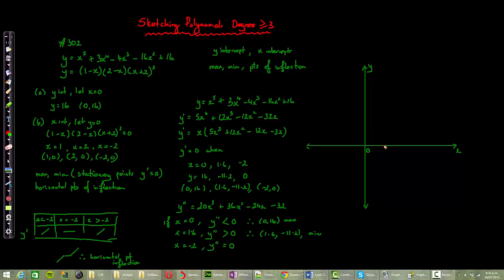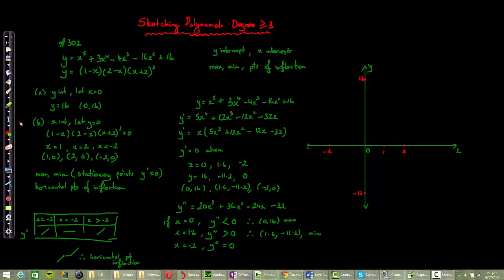So just to spread this out a bit, I'm going to make that x equal 1 there and 2 there. Could possibly have spread that out even a little bit more. So negative 2 there, and I'm going to make 16 there. Now you do not need to use the same scale on both axes, and I'm going to make that pretty close to negative 11.2. Let's make that negative 12.